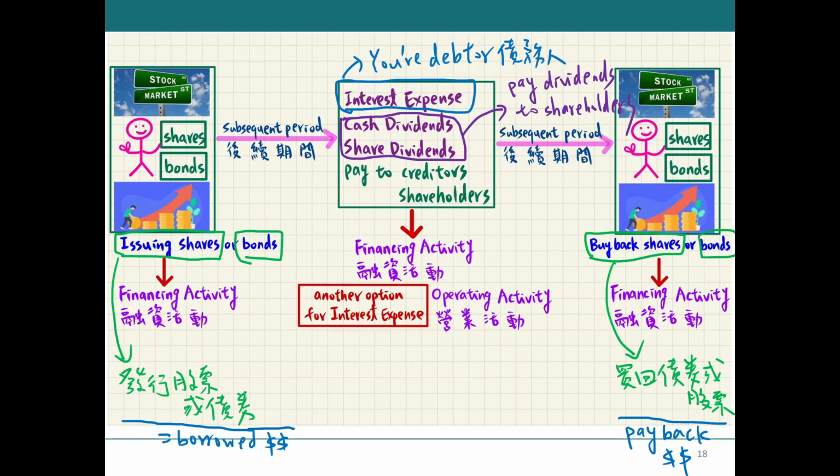Okay, so in nature, when you pay the interest, when you pay the dividends, they are financing activities, right? Because you borrow money from them.